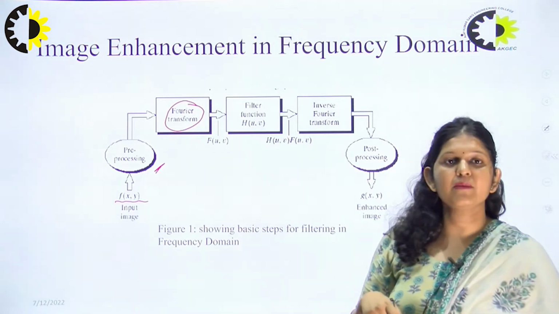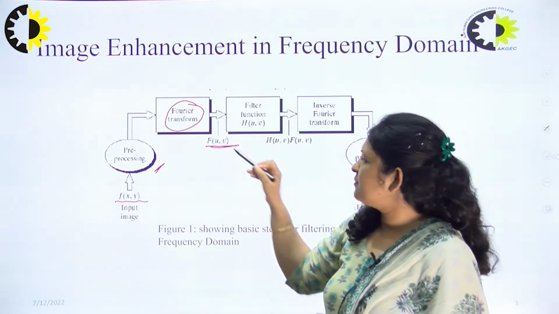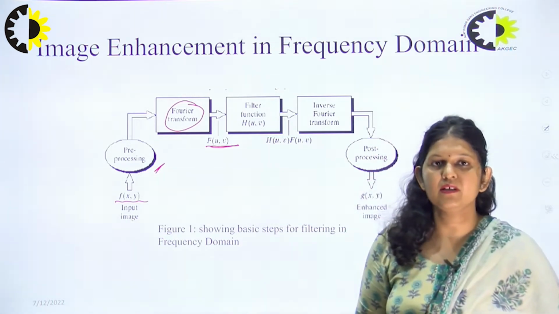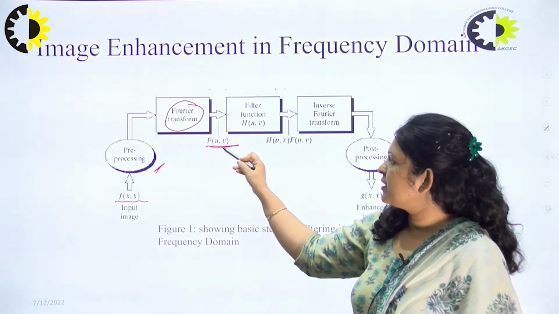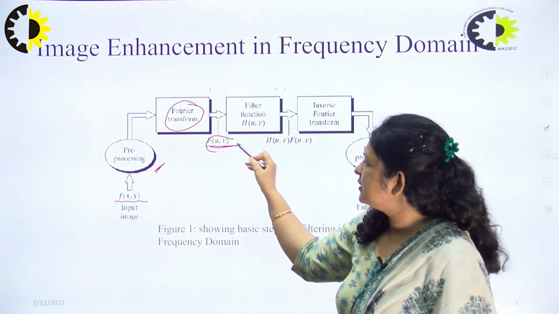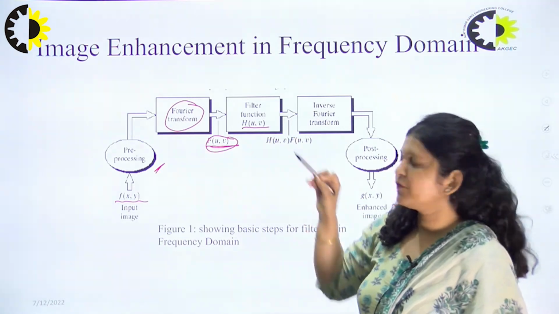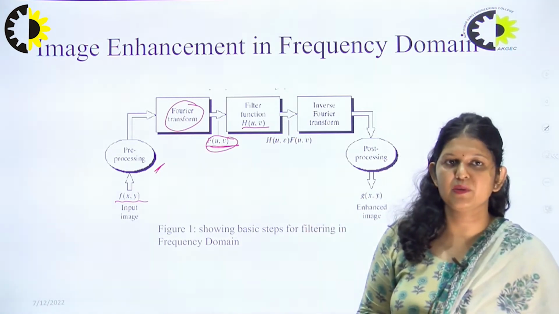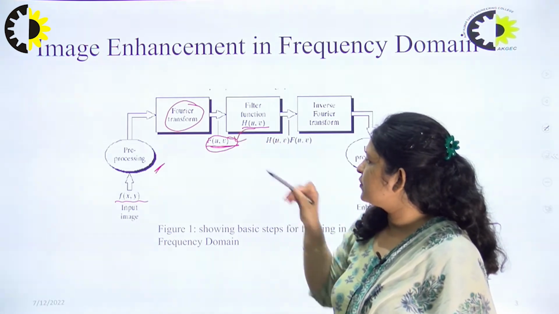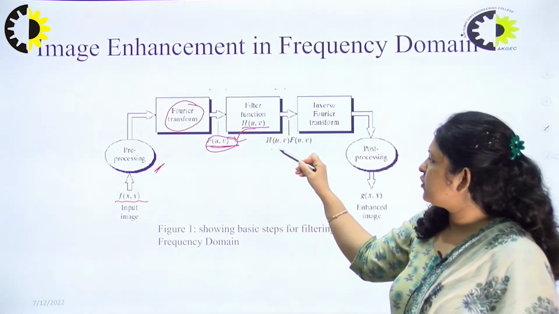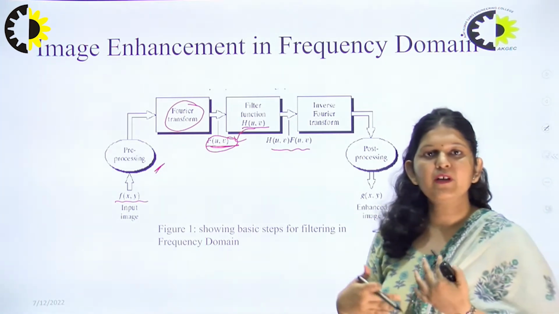Then after applying the Fourier transform, this is the image in the frequency domain, capital F of u comma v. This particular image is then applied with the filter function H of u comma v in the frequency domain. When this filter is applied on this image, the result is H of u comma v times F of u comma v, that is the filtered image.